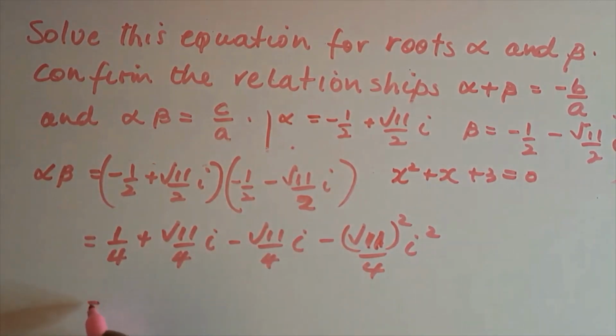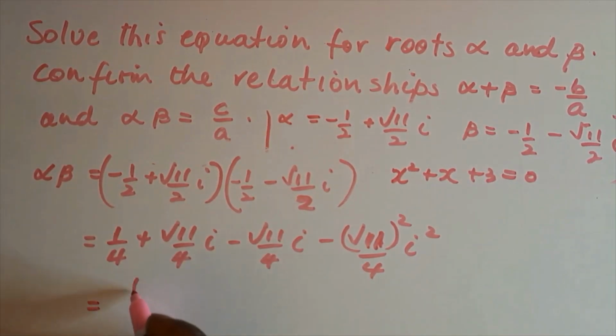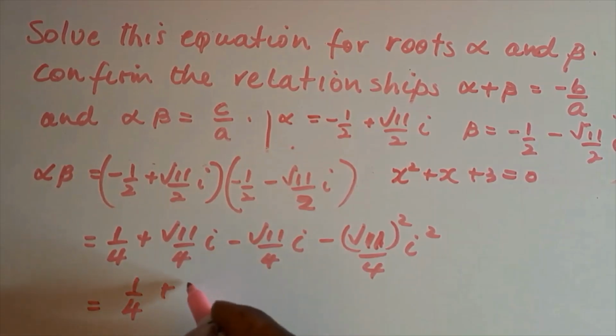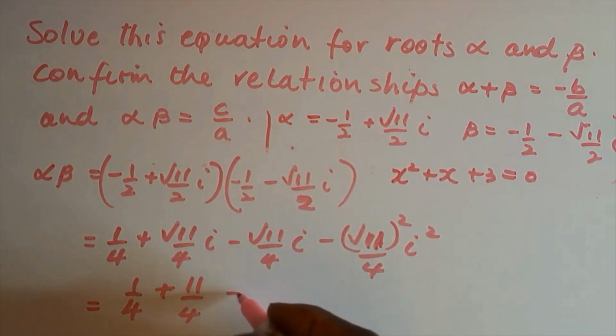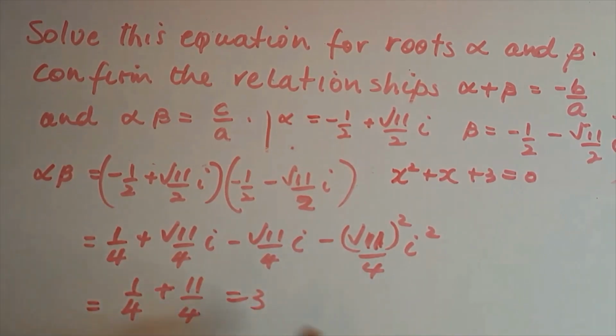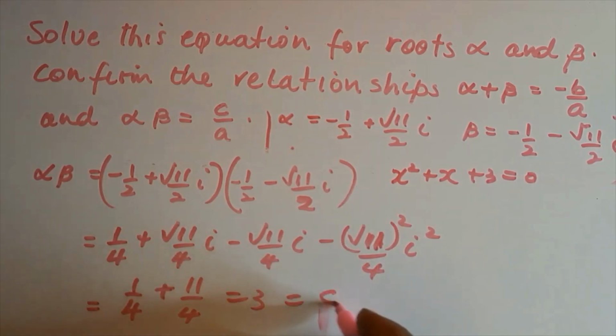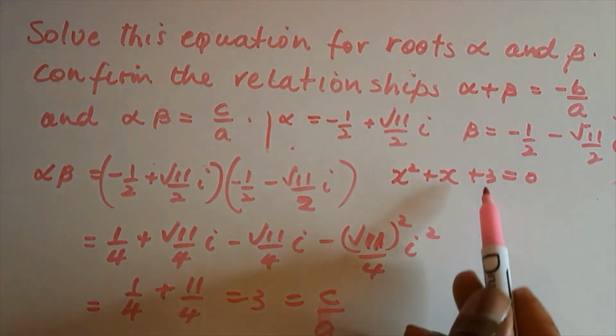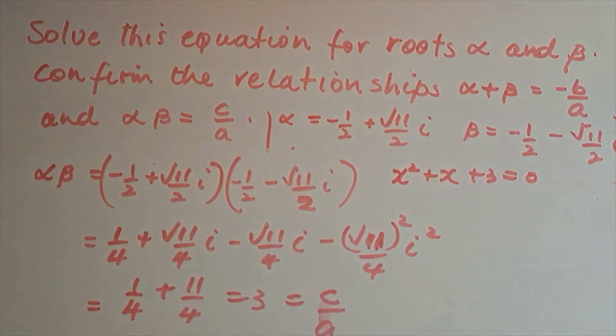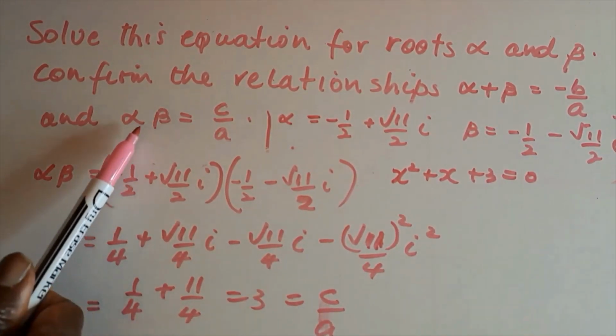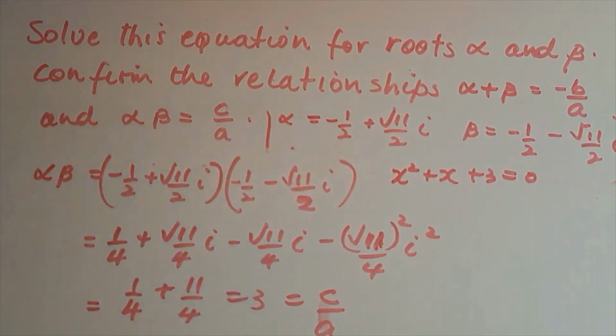So what we have here is a quarter added to 11 over 4, which is equal to 3. And 3 is equal to c over a. C is 3, a is 1. So that confirms both these relationships, alpha times beta and alpha add beta.